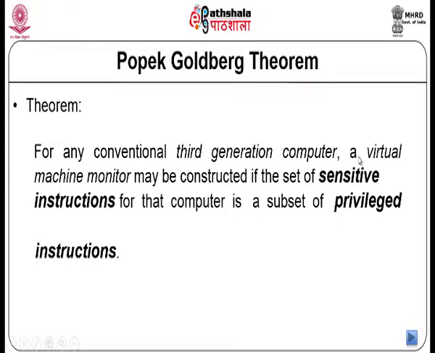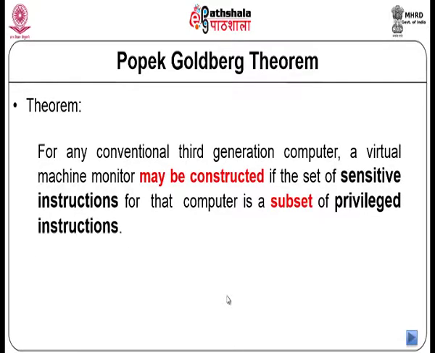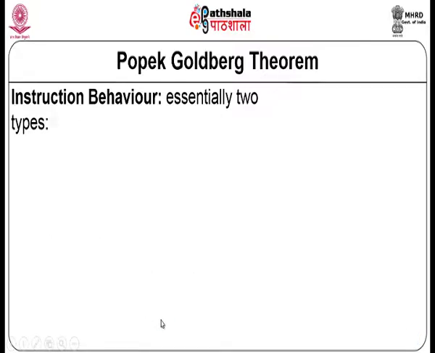Next, it says sensitive instructions and privileged instructions. So, what are sensitive instructions and what are privileged instructions, we will have to see. And then it says that a virtual machine monitor may be constructed if the sensitive instructions are a subset of the privileged instructions. So, this is the key part of the Popek-Goldberg theorem.